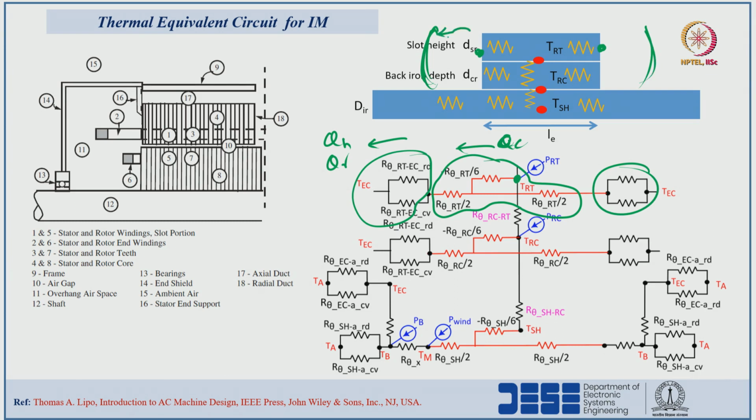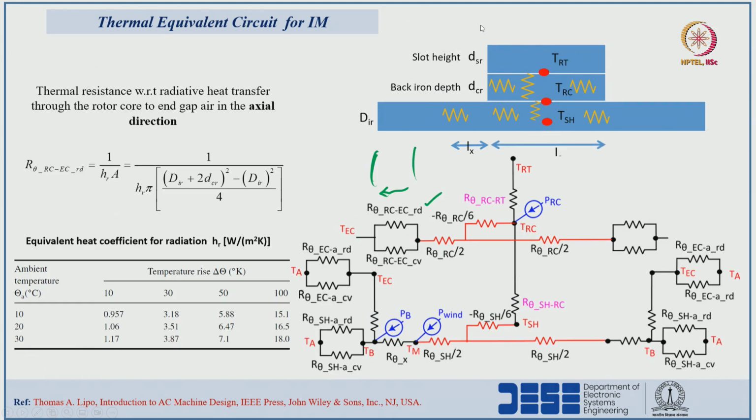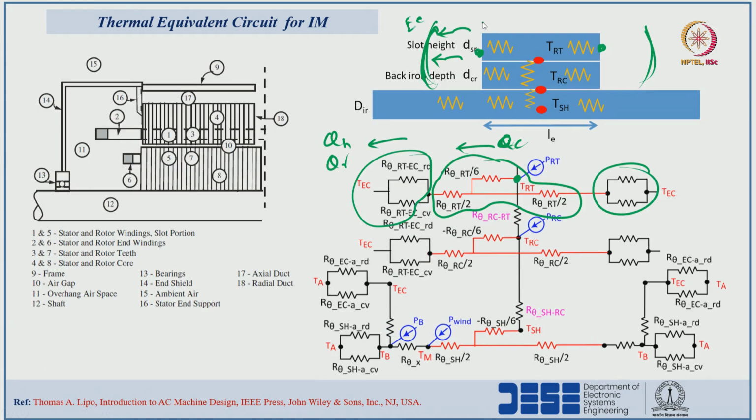From here heat is transferred through the air towards the end cap. This heat transfer is happening by radiation as well as convection from the rotor teeth end point to the end cap of the machine.